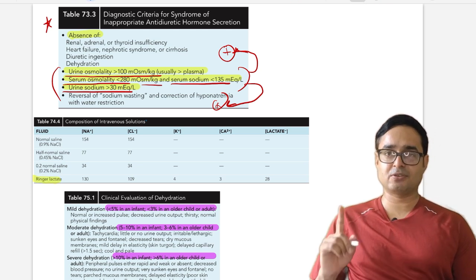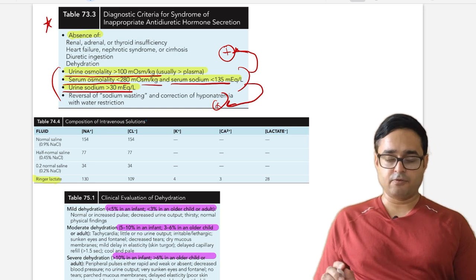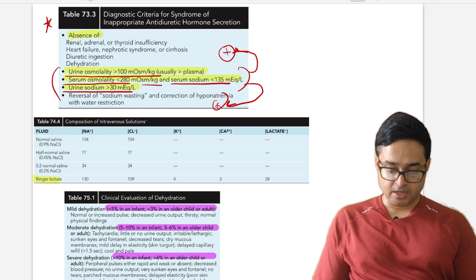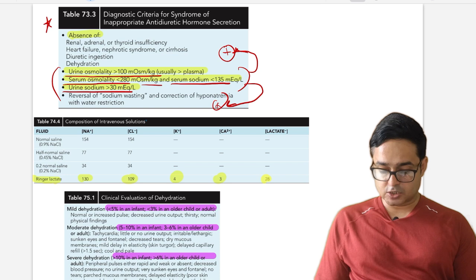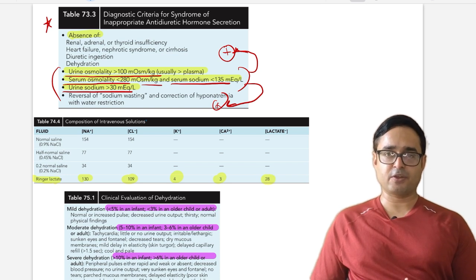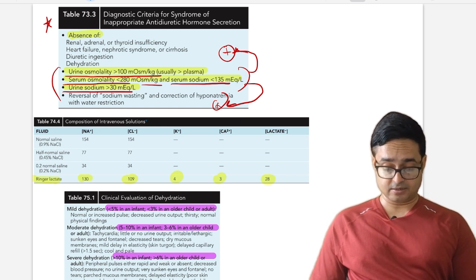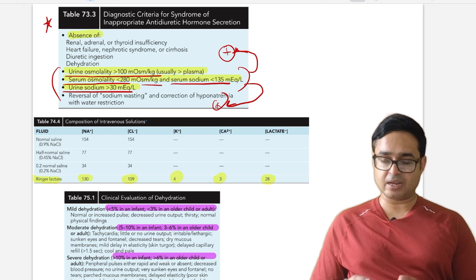Just remember it. In this fluid, sodium is 130, chloride is 109, potassium is 4, calcium is 3, and lactate is 28. Trust me, this is a favorite question of examiners in MCQ exam, university exam, and NEET SS counseling if it occurs. So this is very important.